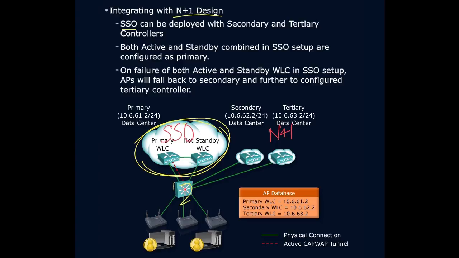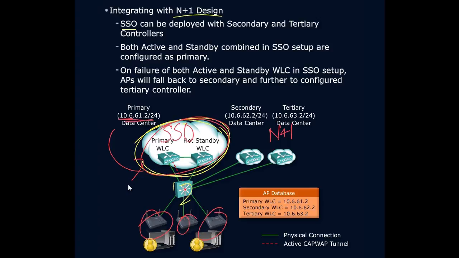So this is going to be a single primary on these APs, because we are setting this up as 10.6.61.2. That is the management for these. That's only one IP, remember? So that's how we set it. Stateful switchover takes care of the rest.